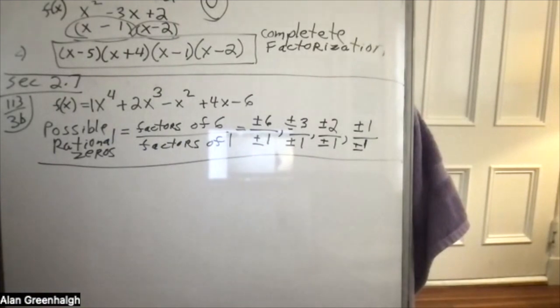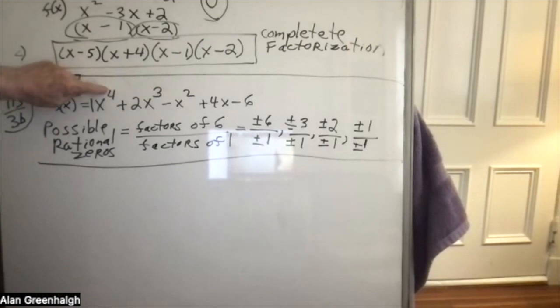Use synthetic division to find the rational zeros. Normally, we are not told that there will be rational zeros. When the lead exponent is to the third power, we know there must be at least one rational zero.